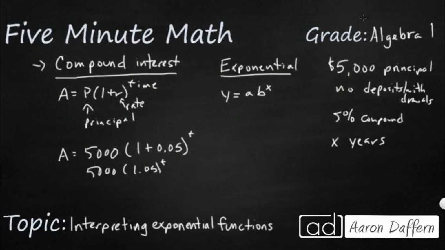That's exactly what we're doing with this exponential function right here. Your a is going to be your constant. Your constant here is your 5,000. That's what you originally deposited, and it's not changing; it's not increasing or decreasing. Your b is going to be your rate. When we're dealing with compound interest, it needs to be the rate plus 1.